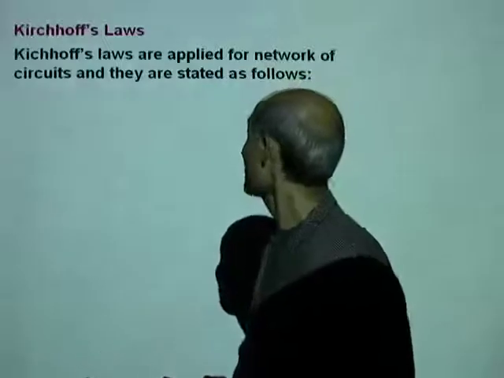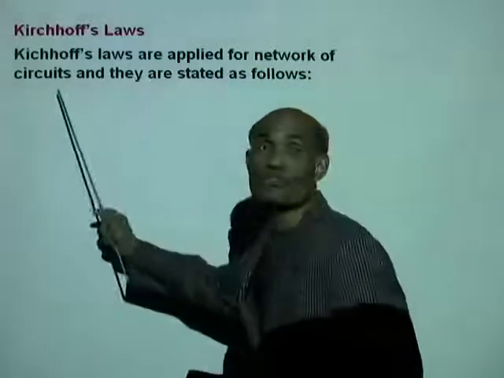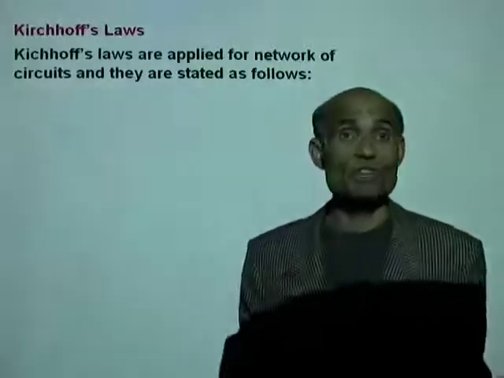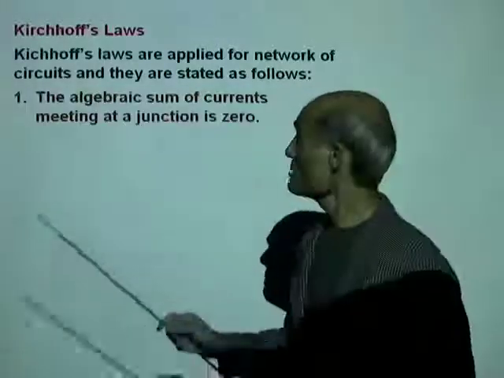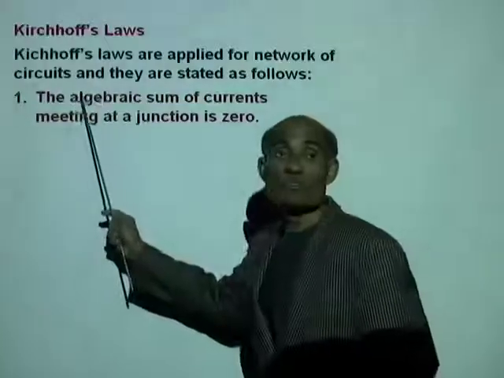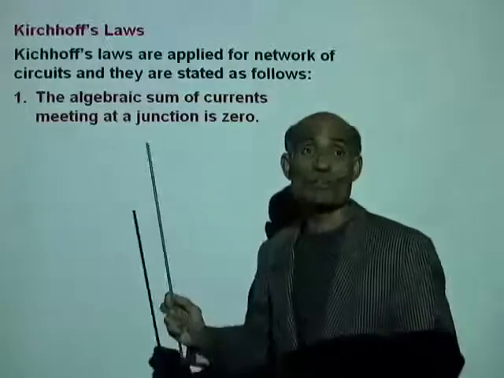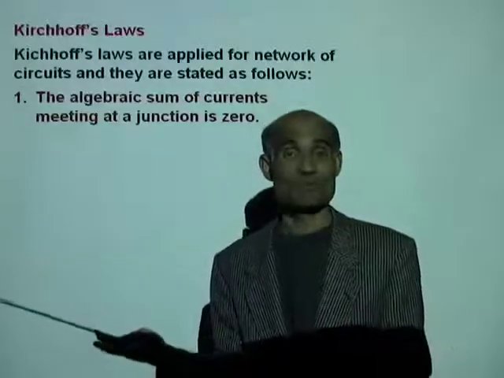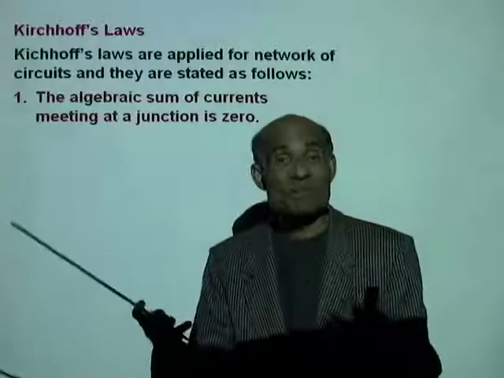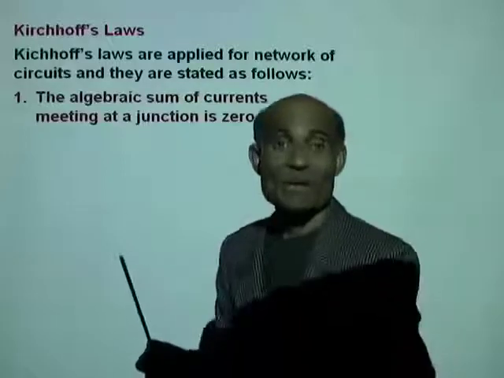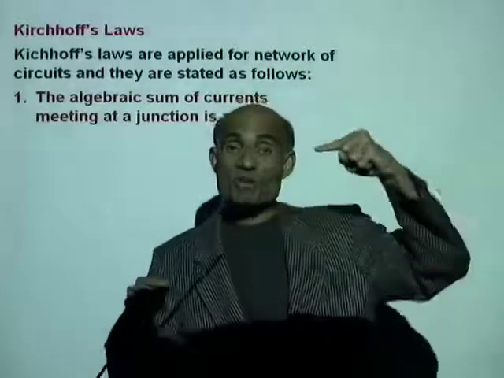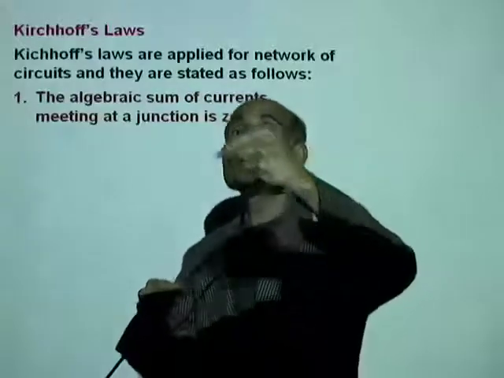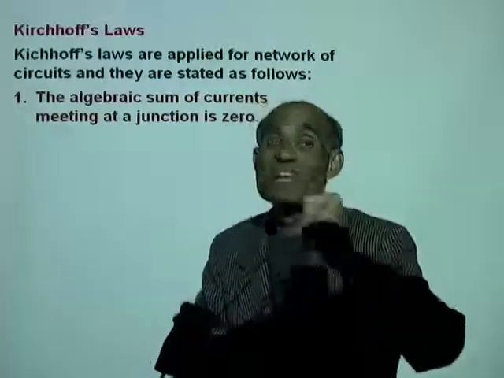Kirchhoff's laws are applied for networks of circuits, and there are two statements. Statement number one: the algebraic sum of currents meeting at a junction is zero. It is not a very difficult thing to understand. If the current reaching a point is positive, the current leaving a point is negative.